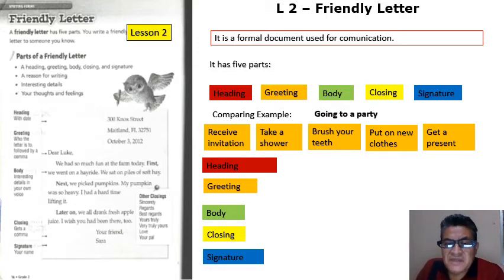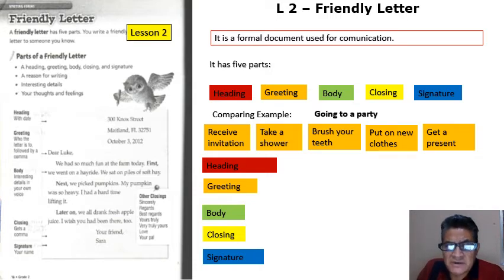First, you receive the invitation, and then for the day to come, you take a shower, you brush your teeth, you put on new clothes or clean clothes, and you get a present.